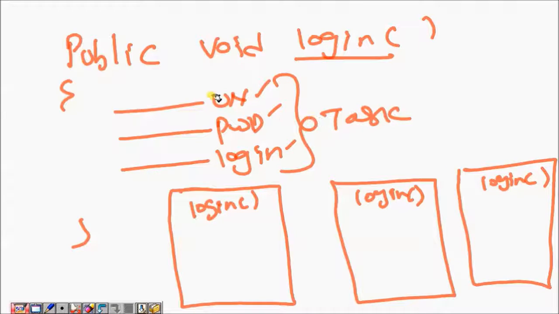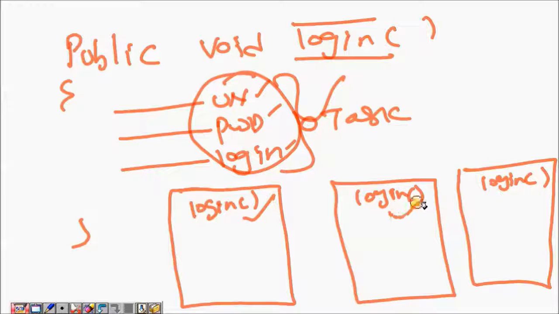No need to write these three steps again. Just call this method and those three steps execute here, here, and here also. One time we can declare, many times we can access. This is what we call reusability.